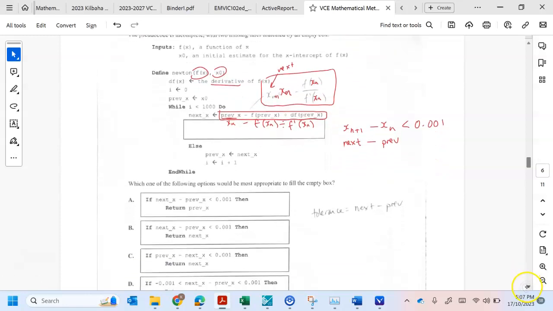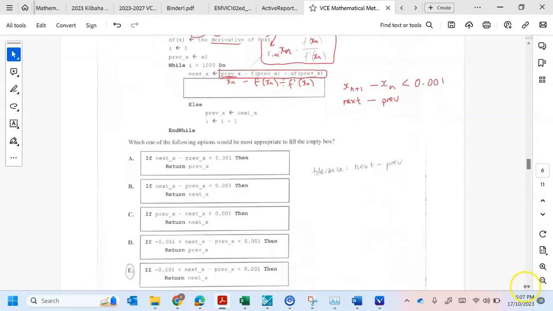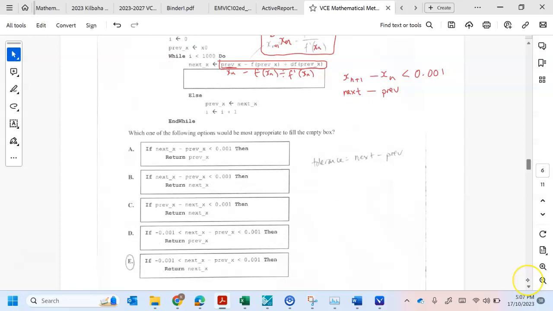All right, so what we want is a tolerance level of 0.001. So you can see in all our answers, you've got that 0.001. You've just got to understand how to get that tolerance level. So we want next minus previous. We want the difference between our two estimates to be less than 0.001. So I'm going to cross out any that don't have next minus previous.